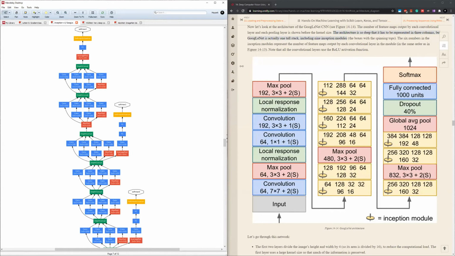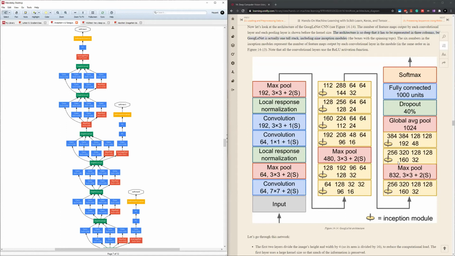This is the diagram from the book with respect to these layers, how they are inputting, and the flow of information between each of the layers along with the Inception modules.